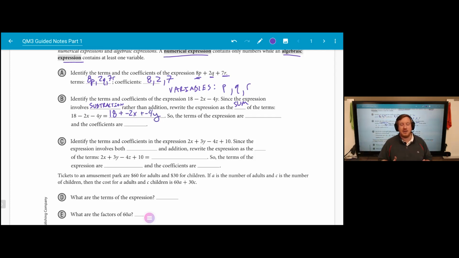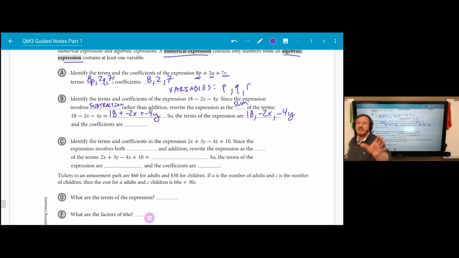Remember subtraction, and I think Mrs. Hunt probably said this, there's no such thing as subtraction. And she's absolutely right. We can turn subtraction into addition, and we just did. Nice. So our terms, again, the things that are added together, we have 18, negative 2x, and negative 4y.